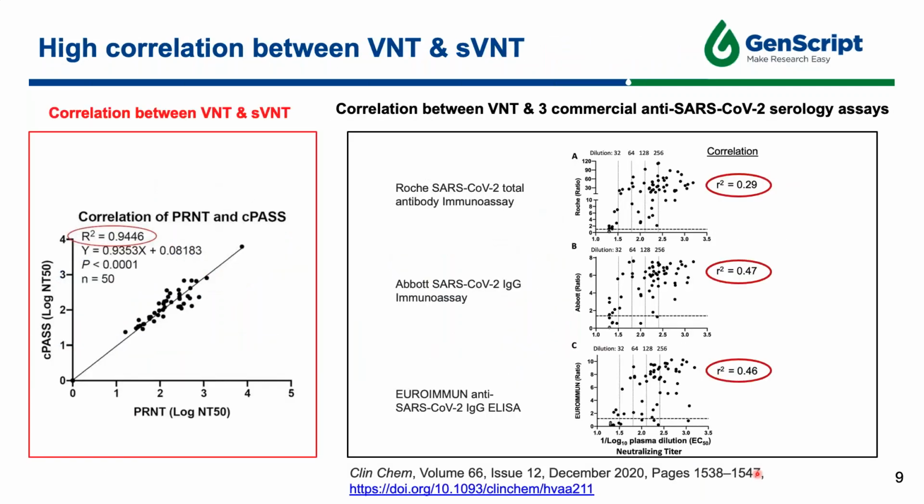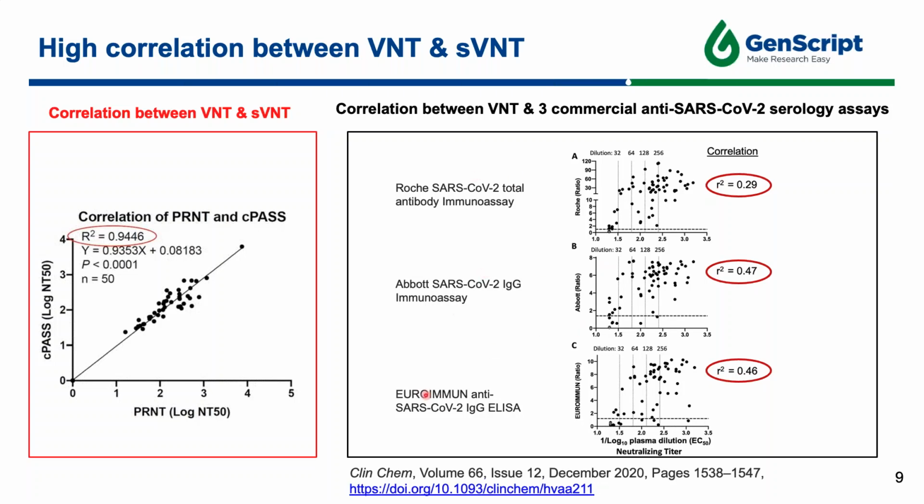So how comparable are the results obtained from SVNT versus the gold standard live virus neutralization test? As shown here, the results obtained from the SVNT and the PRNT, which is the plaque reduction neutralization test using the live virus assay, are highly correlated, with an R-squared value equal to 0.945, and this correlation is considered very high for any biological system.